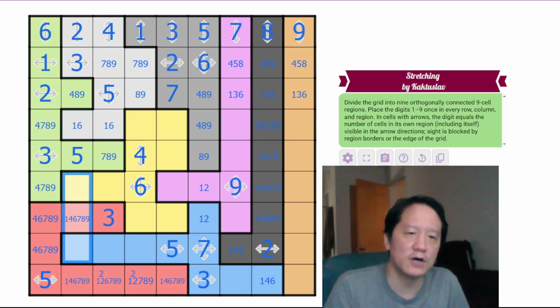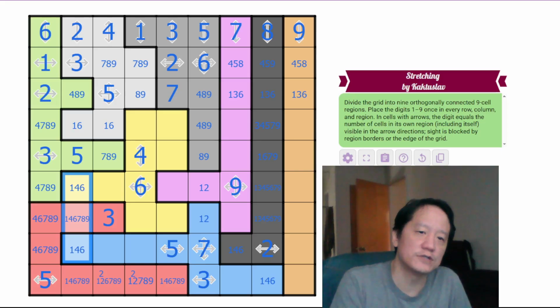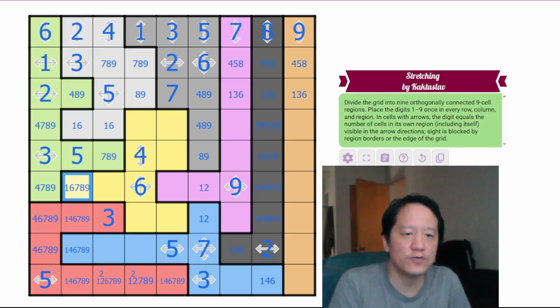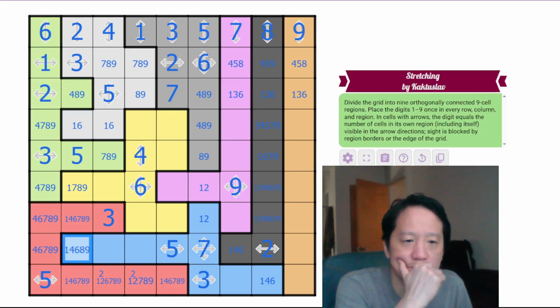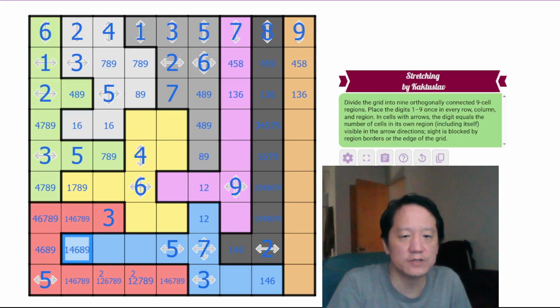Remaining digits of column 2, we have 1, 4, 6, 7, 8, 9. No 4 or 6 here because of 4 or 6 in the yellow region. No 7 here because of 7 in the blue region. No 7 here because of 7 in the row. No 6 here because of 6 in the column.